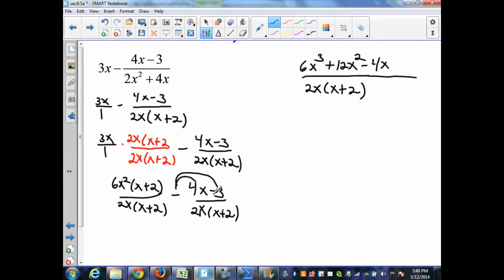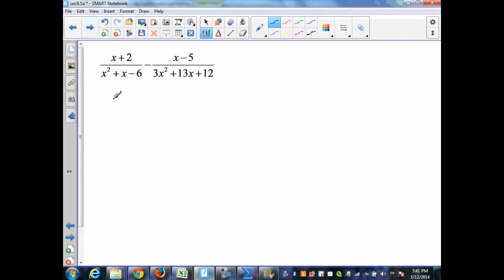And a negative 1 times a negative 3 is a positive 3. Now I check to see if I can factor something out of the numerator. I can't factor any variables, and I have no common value that I can factor out. Therefore, this is simplified. My next example, again, I want to begin by factoring.